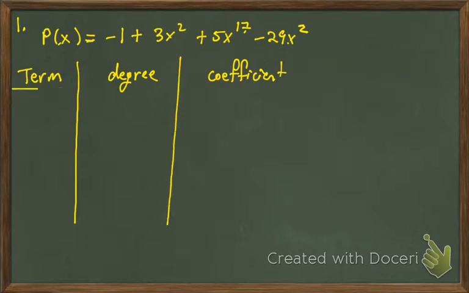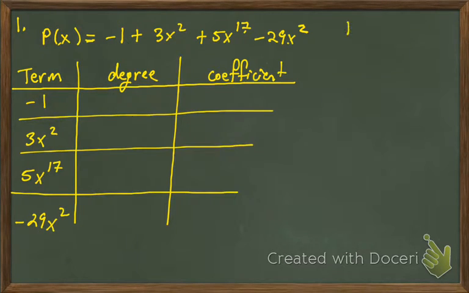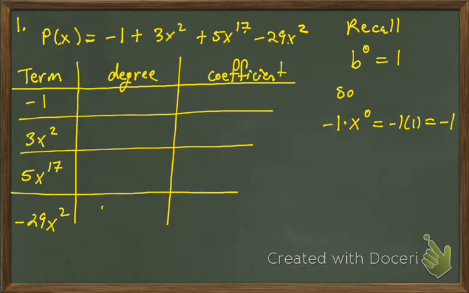Terms are separated by addition or subtraction signs, so the terms are negative 1, 3x squared, 5x to the 17th, and minus 29x squared. And recall that b to the 0 is equal to 1. So if I say negative 1 times x to the 0, that's negative 1 times 1, which is negative 1.